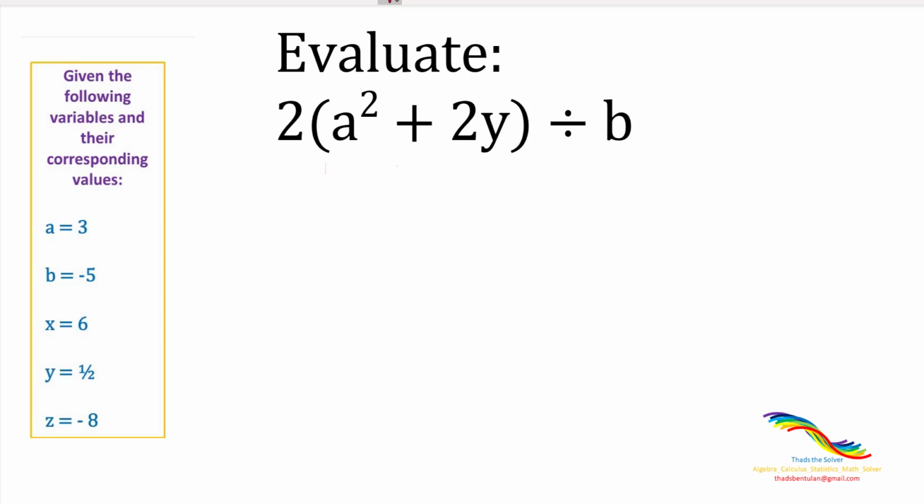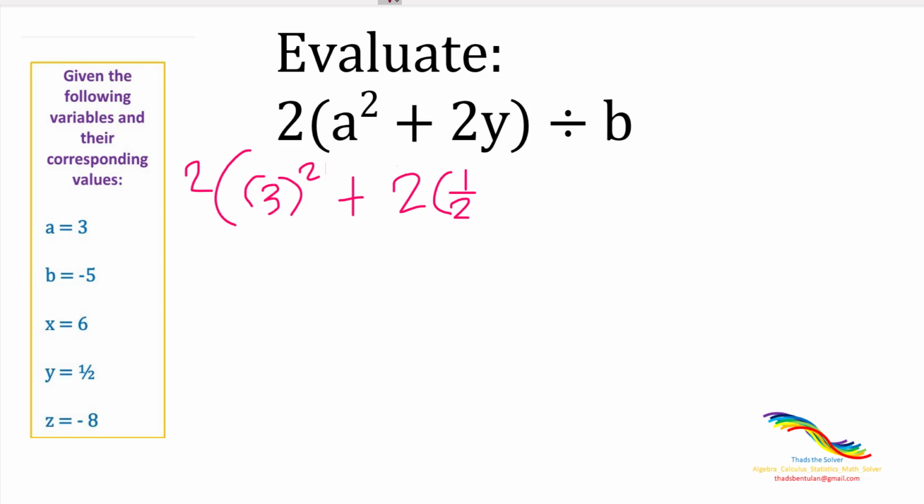Alright, so let's try to substitute the values now. So you have 2 times a squared. Let's put a inside its own parenthesis so that you'll not be confused. Plus 2 times y, which is 1/2.